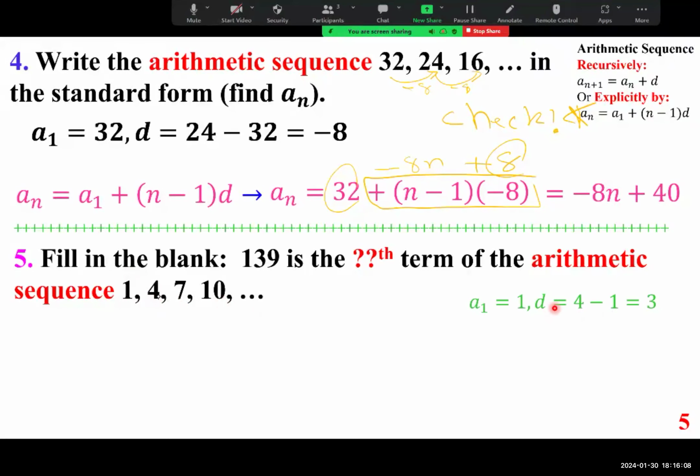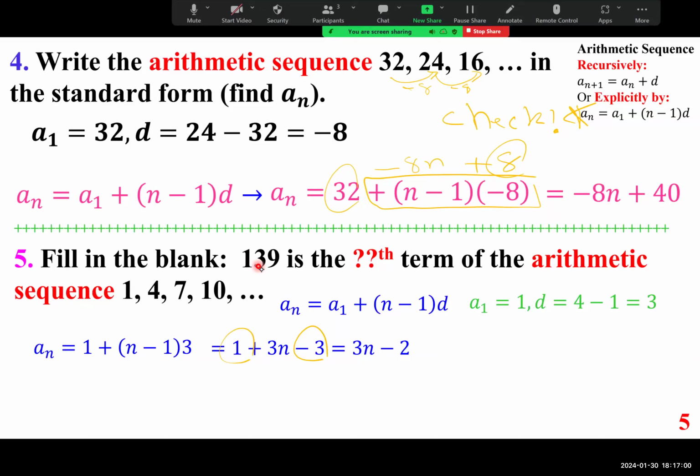We set this equal to the given number 139, and we find n. So this is A sub n equals 139, and the formula is 3n minus 2. And all you have to do, move the negative 2, becomes positive 2 on the other side. You get 141.